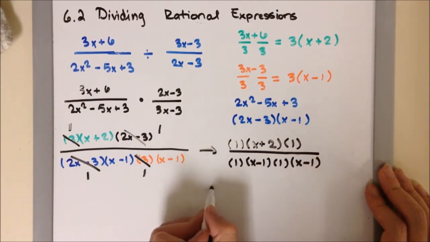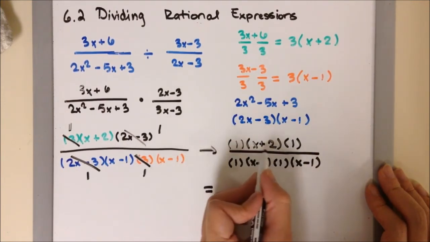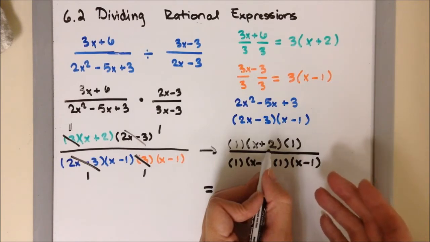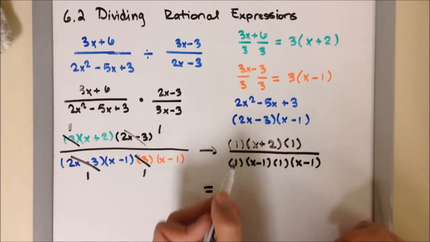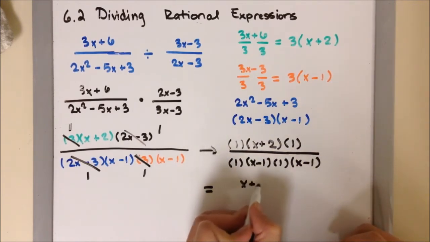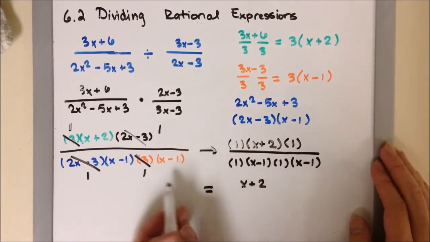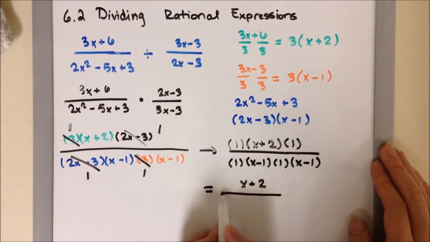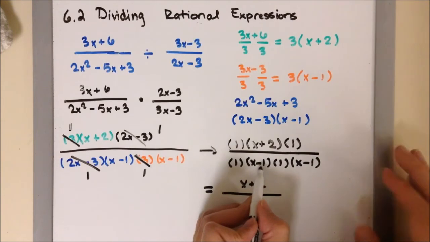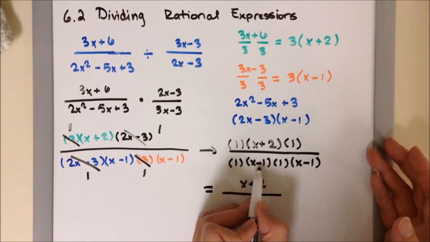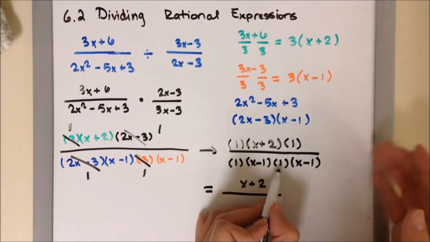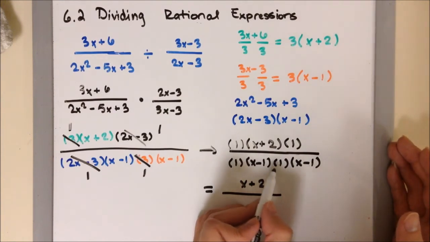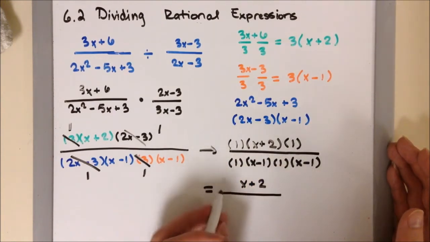So basically 1 times x plus 2 will be x plus 2, and then times 1 again will just be the same, x plus 2 on the top. And then in the denominator, 1 times x minus 1 will just be x minus 1. X minus 1 times 1 will be the same thing, x minus 1, multiplied by another x minus 1. So this is what it looks like.